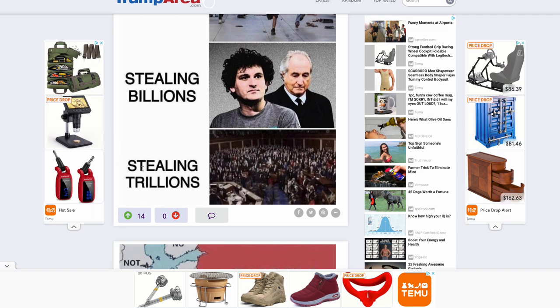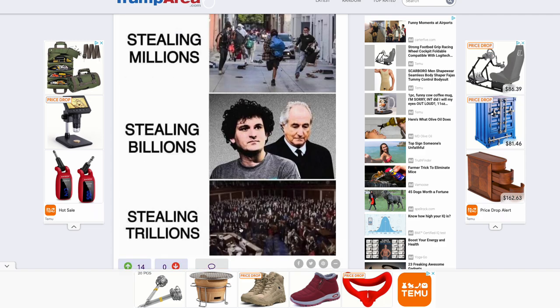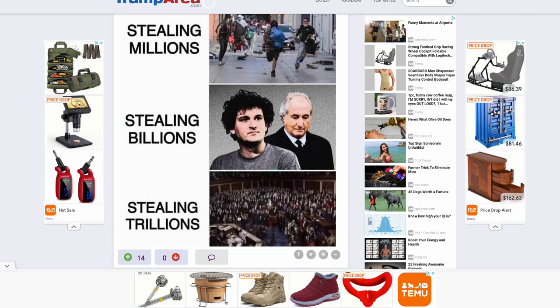And the caption says, stealing trillions. Yeah, trillions. There should be term limits. It's disgusting how these people get insider information, do whatever they want, subvert the law, think they're above the law. I mean, they need term limits. I don't care what the pros are. In my mind, there are none. 8 years is enough. Let's just cap it at 8 years.